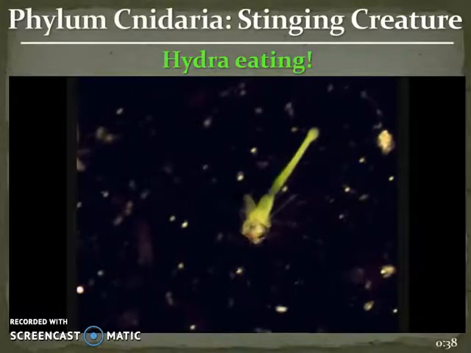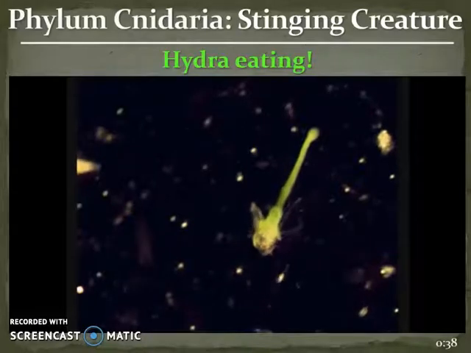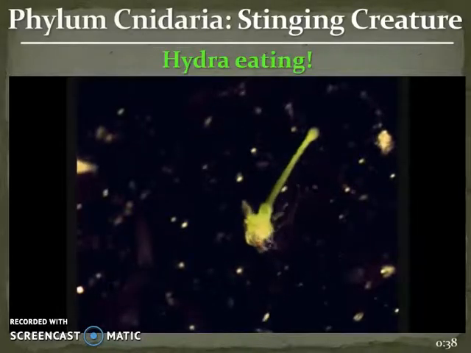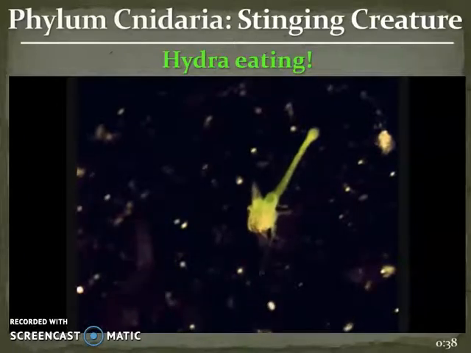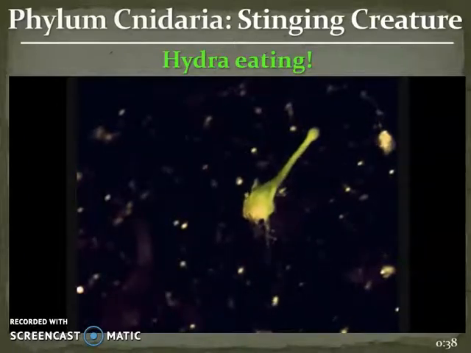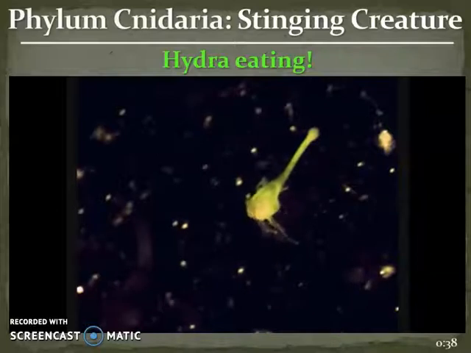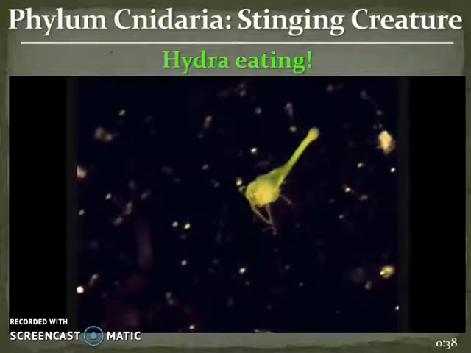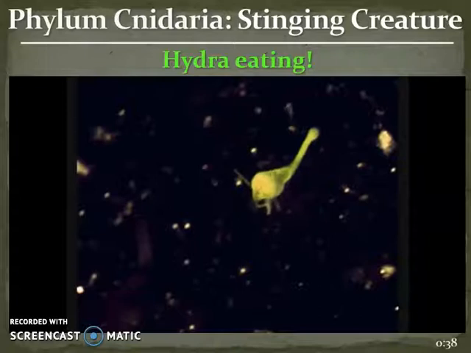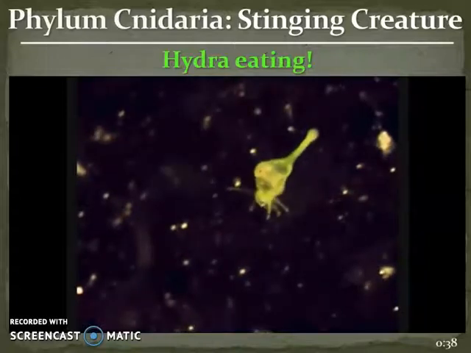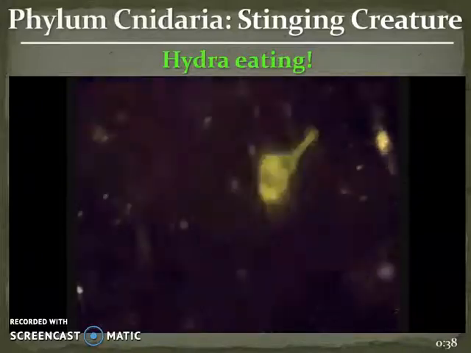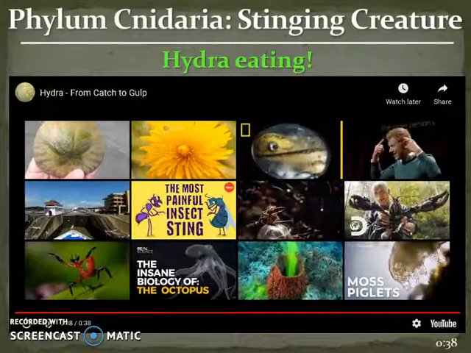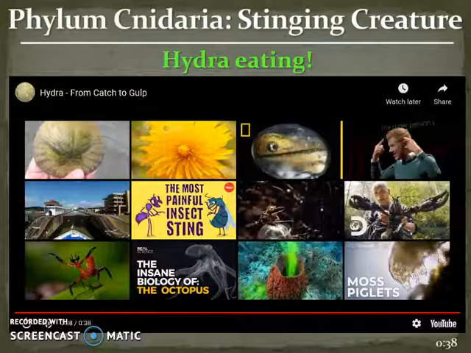You can tell it's a polyp because it's attached at the one end to the slide, and the other end is wiggling freely to try and catch this animal. And there you have it.